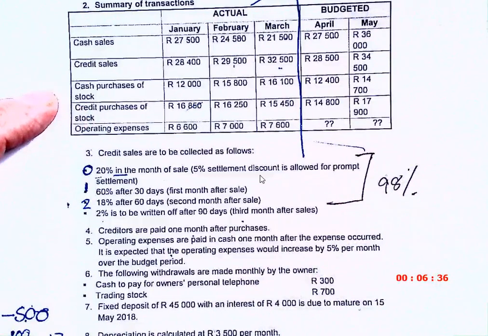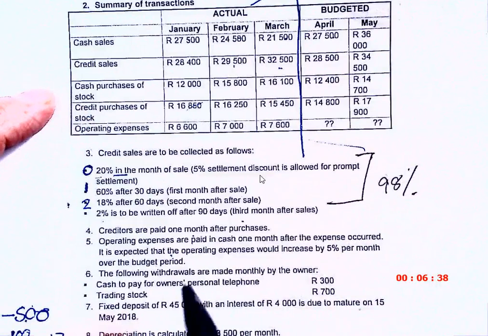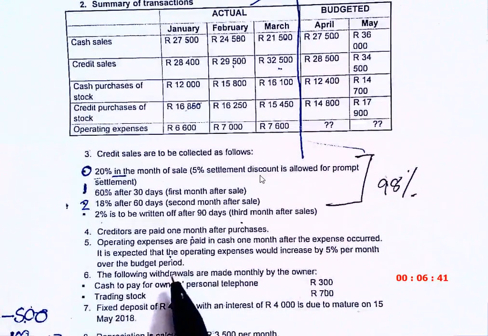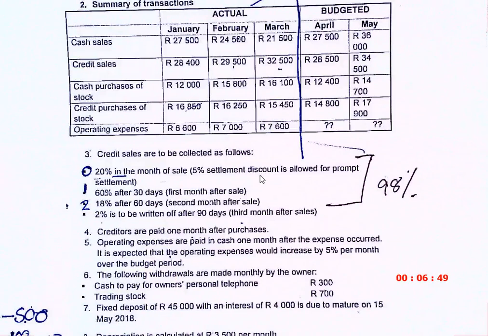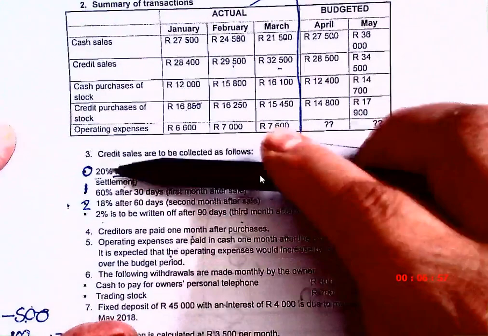Will I show that bad debt in the cash budget? No, because it's not cash. I will show it in the income statement budget, but we don't call it an income statement budget, we call it a projected income statement. So I can only write off people if I've gone through the whole schedule.